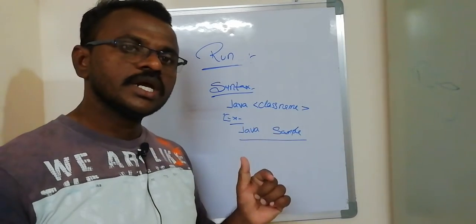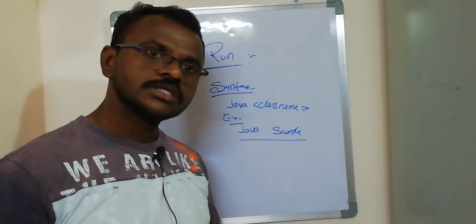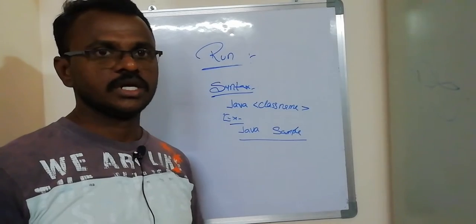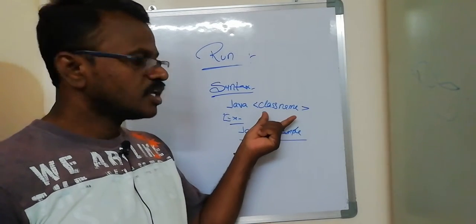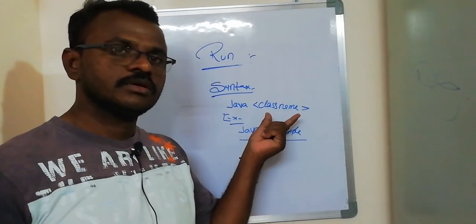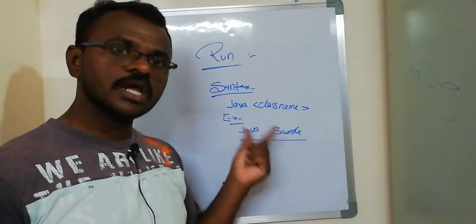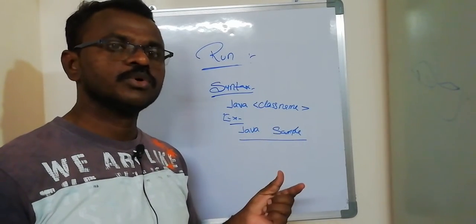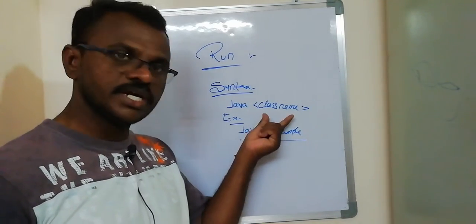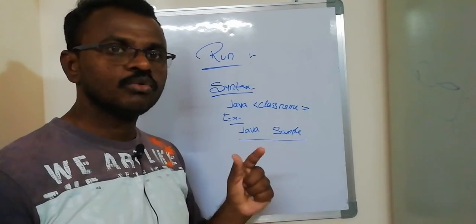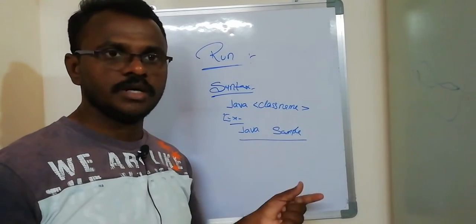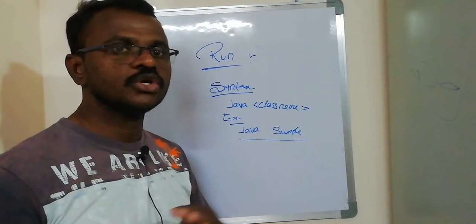Your program can contain a user class as well as a main class. Which class should be called? Some confusion. To run any Java program, you must call only the main class name, not the user class.